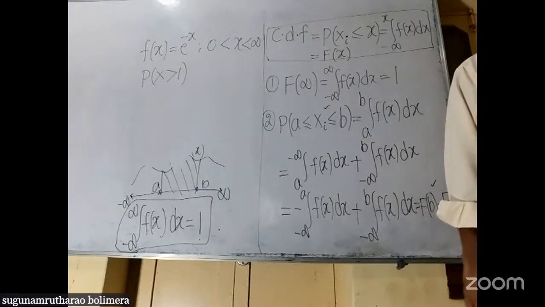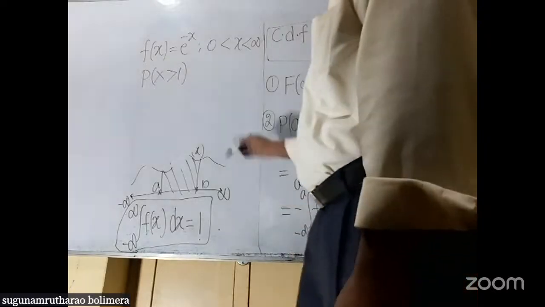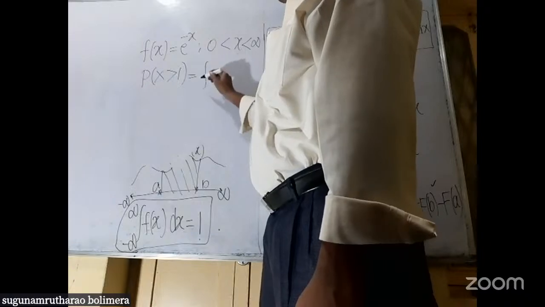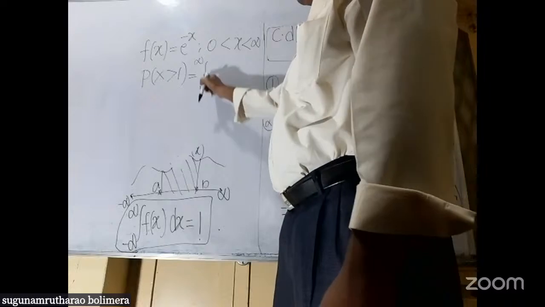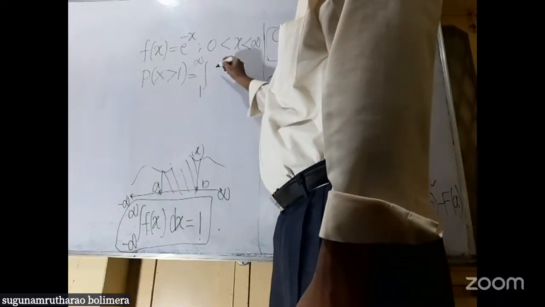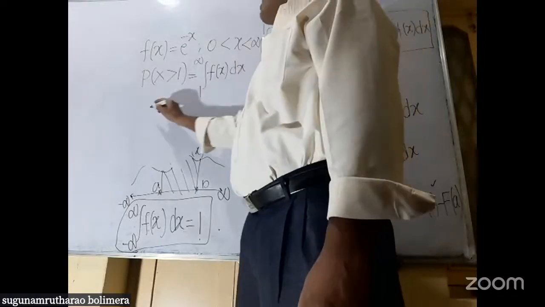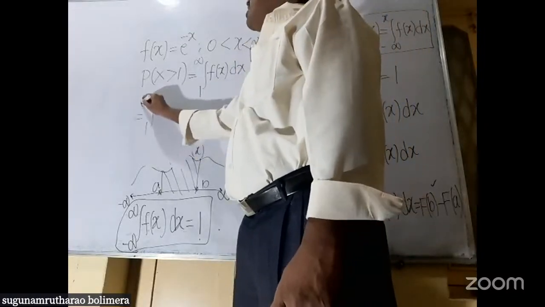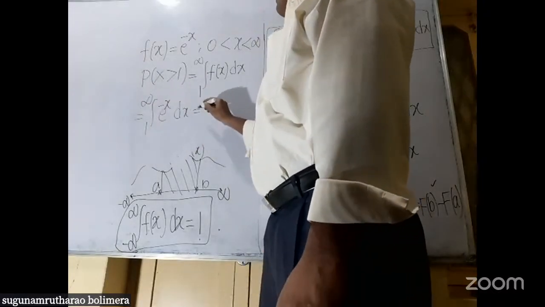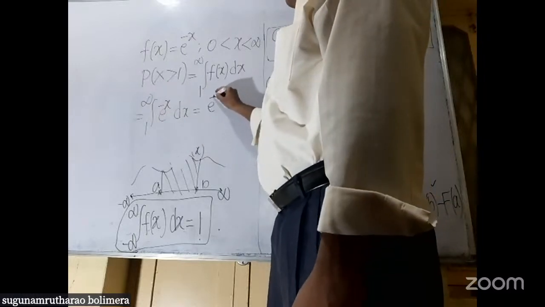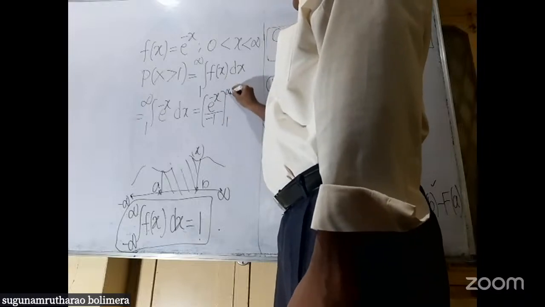Say yes or no. So P of x greater than 1 means integral 1 to infinity of small f of x dx. This is equal to integral 1 to infinity e power minus x dx. Integral of e power minus x is e power minus x by minus 1, limits from 1 to infinity.